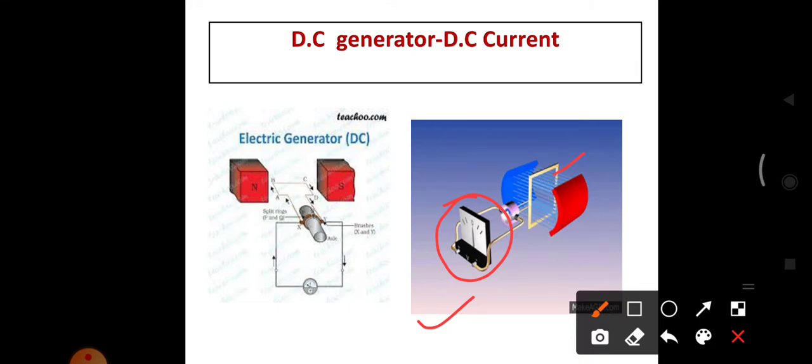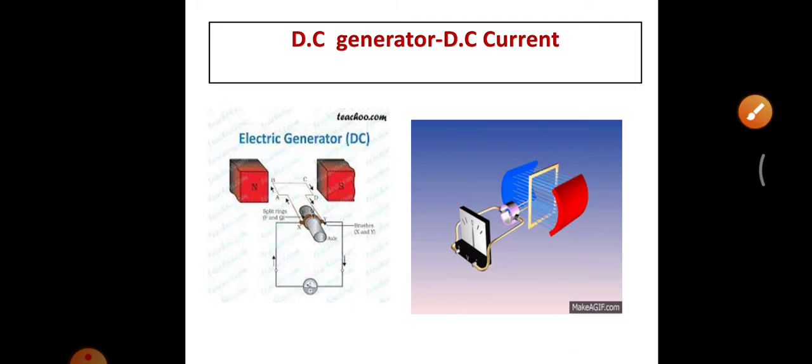But see here, the deflection of the galvanometer is only in one direction. In the AC generator, we have seen that the galvanometer shows deflection in both right and left. But here it shows only in one direction. Such a type of current is called DC current, because DC current flows only in one direction.